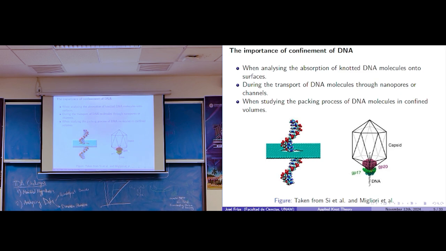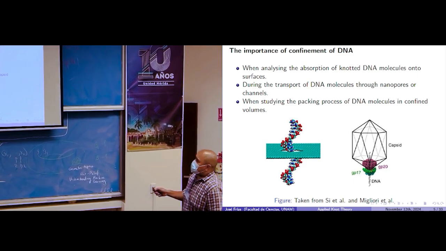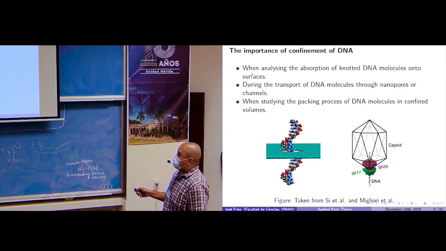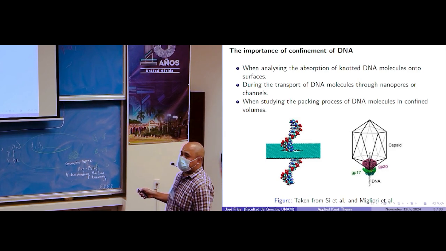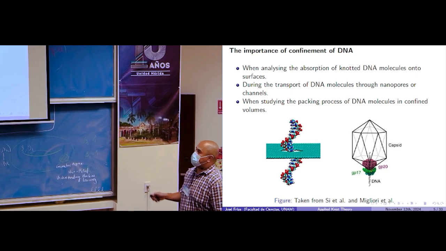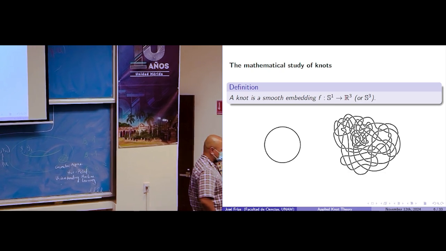And this is another example: the image we have of a virus. This is the capsid of the virus, and the DNA of the virus is contained here. So it's related to the packing process of DNA in the capsid of the virus. So we are going to use knots.